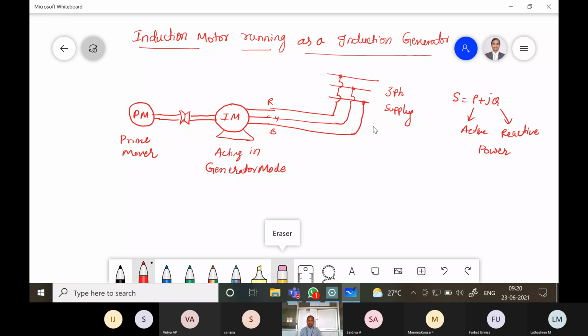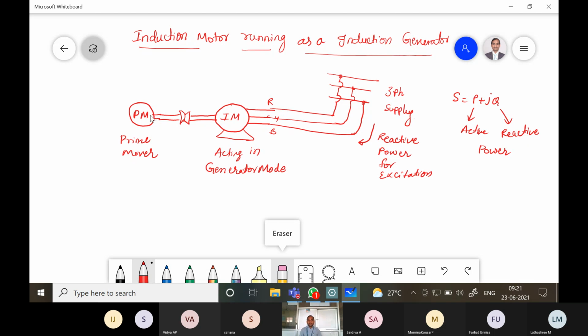The reactive power is taken from the supply for excitation purposes. Excitation means the poles are to be magnetized. So for that purpose, reactive power is taken from the main supply.